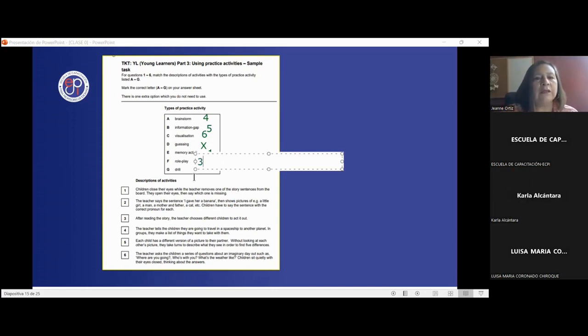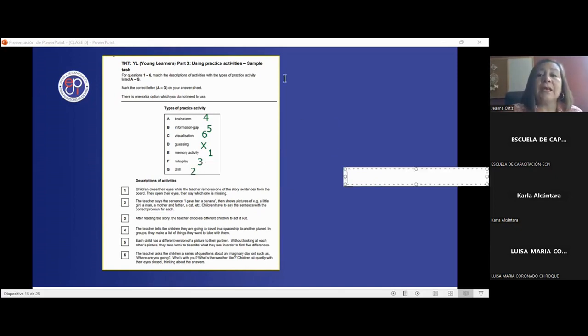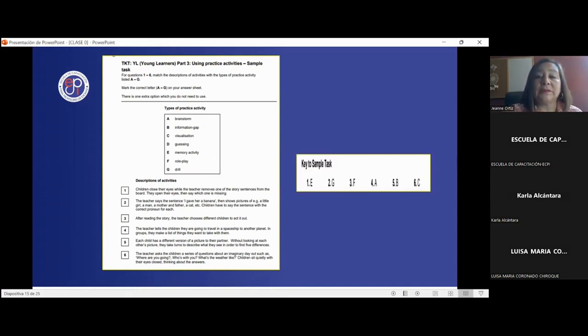And drilling, or drill. Number 2. Yes, you see? So those are the correct alternatives we have here.